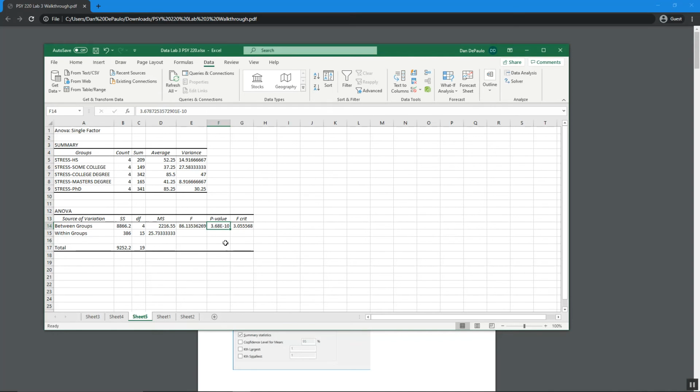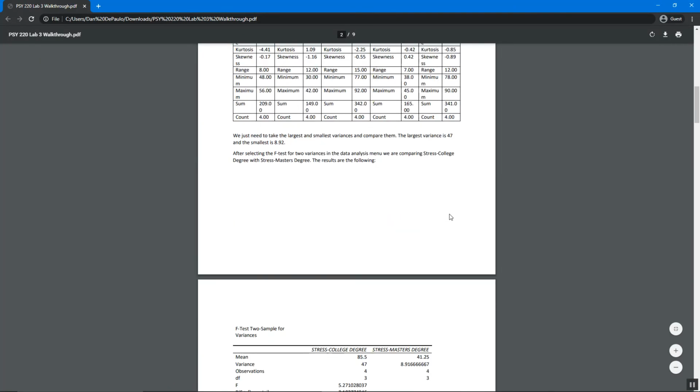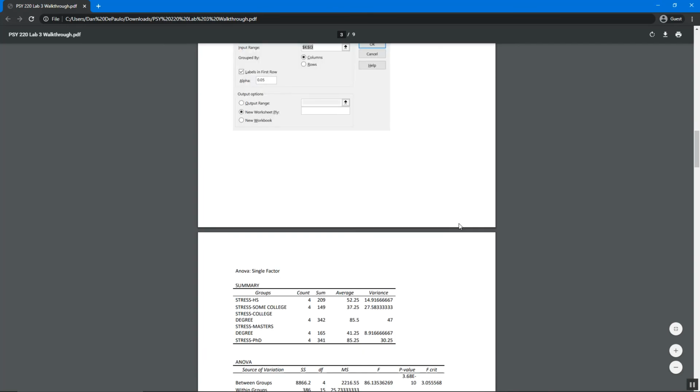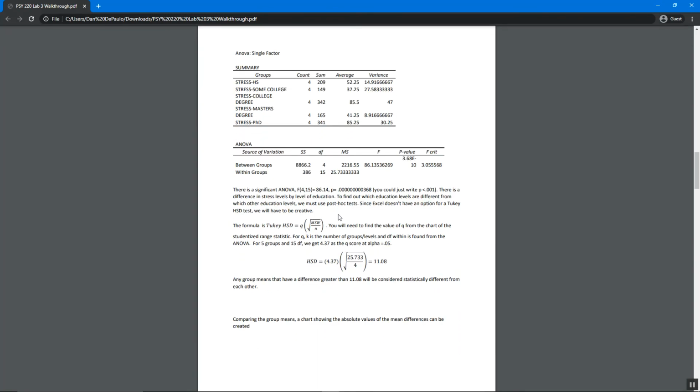Now, if we go back to the handout I made, basically I walked you through this already. Here's our F test, right? Now we need to do the Tukey honestly significant difference test. We need to actually do this manually, unfortunately.